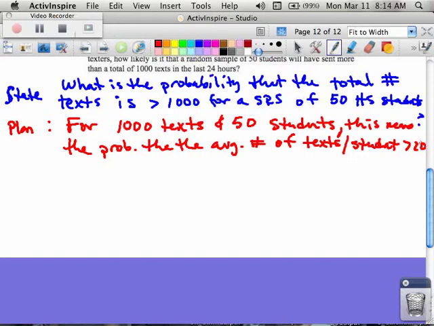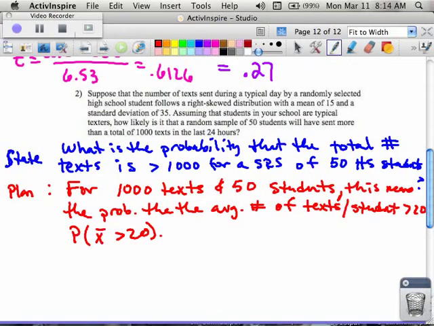Or in other words, we're looking for the probability that the average number of texts is greater than 20. When you read these paragraphs, they always try to leave you clues.